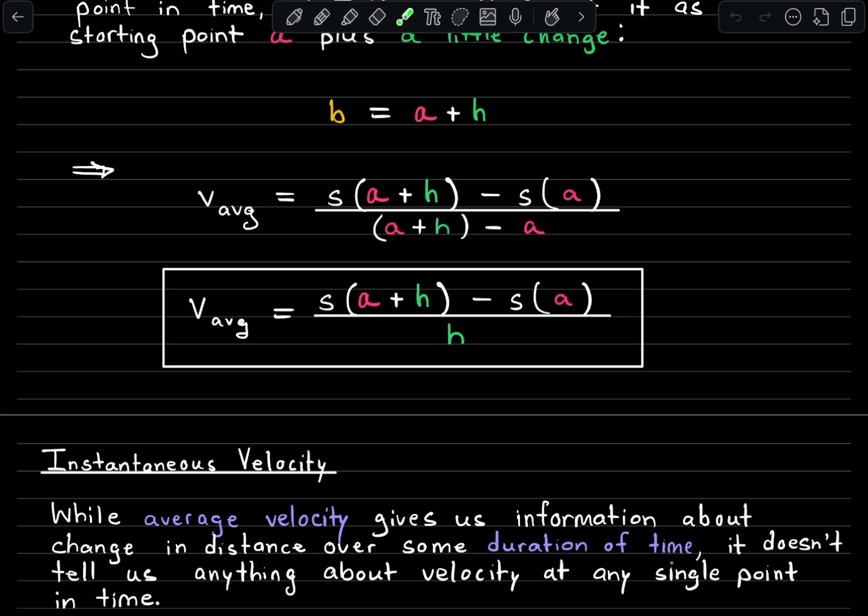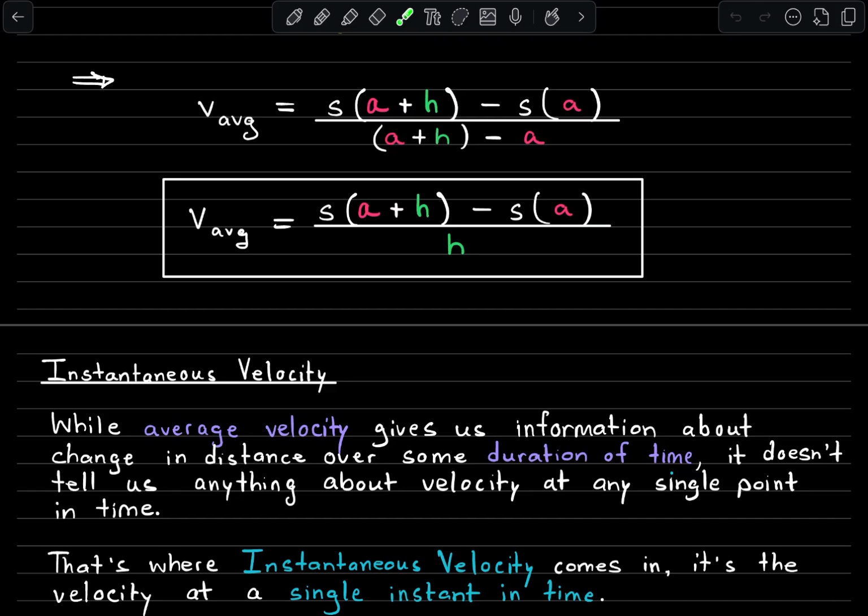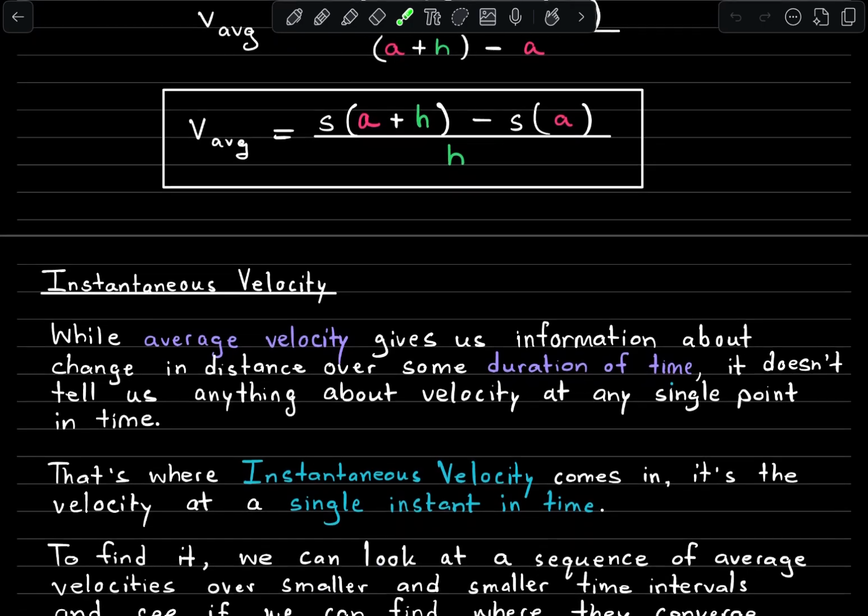Every single point in time, some object has some instantaneous velocity of how fast it's moving right at that instant. We haven't really calculated that, because we're using two different points in time to estimate with a slope. So that's where instantaneous velocity, this new concept, comes in. It's the velocity at that single instant in time.